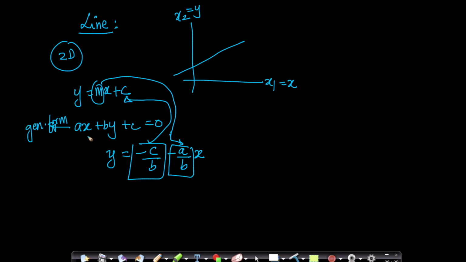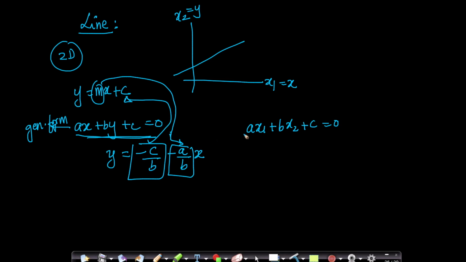We'll stick to this notation because it's easier to interpret, and this is much more general. If my axes are x1 and x2, I can rewrite this equation as a times x1 plus b times x2 plus c equals 0. Instead of using a, b, c, let me use a different notation, because if you want to do it in 10 dimensions, how would I write it? I'd have to use the whole alphabet.